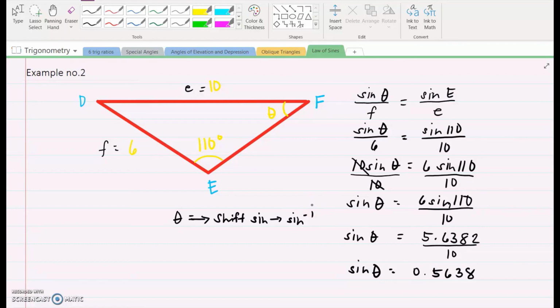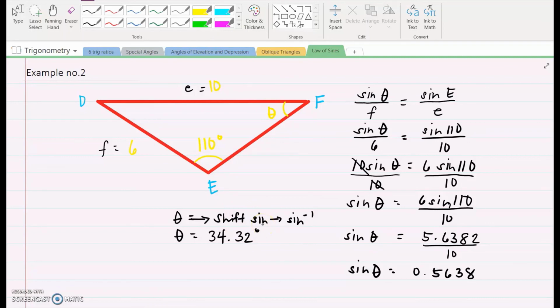So our theta here will be 34.32 in degrees already.